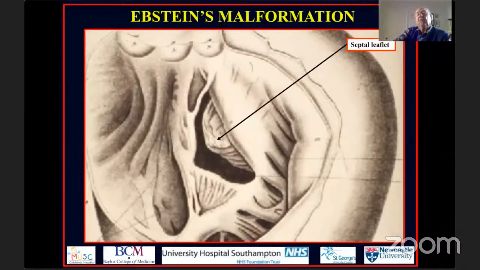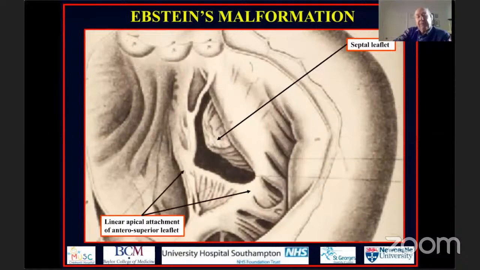So there to your right hand, you see the remnant of the septal leaflet. And there are apical attachments of the abnormal anterosuperior leaflet. And the attachments of these abnormal leaflets across the apical part of the trabecular part of the right ventricle mean that the remaining valvular orifice is now functioning in bifoliate fashion.